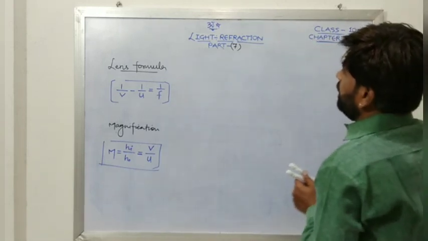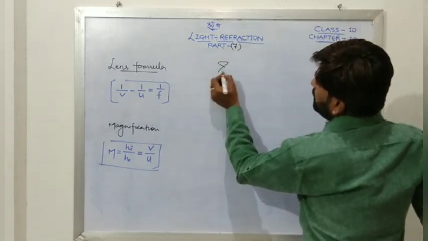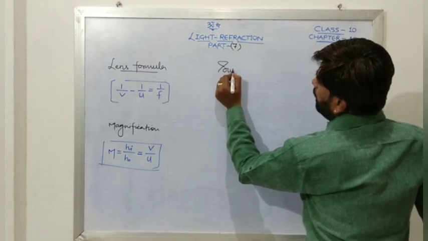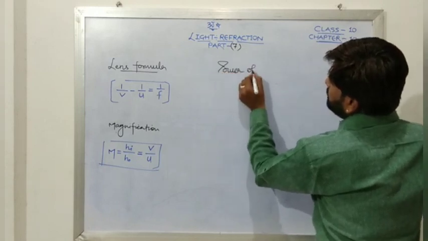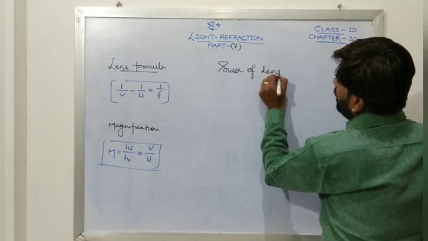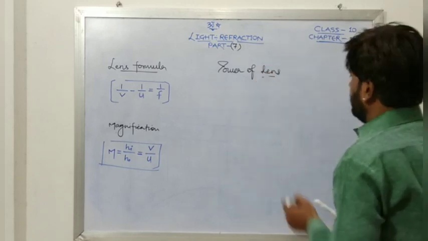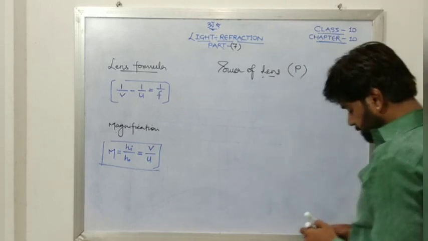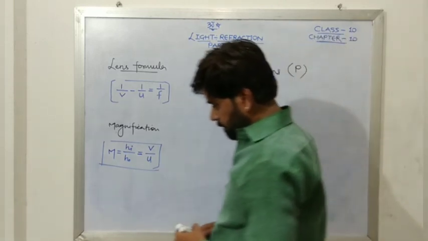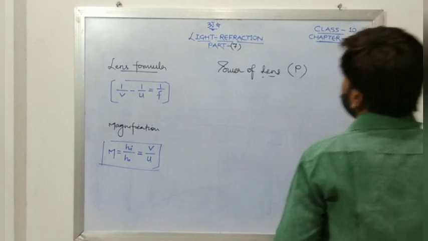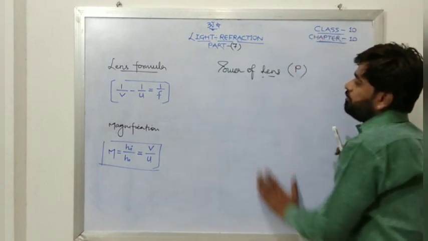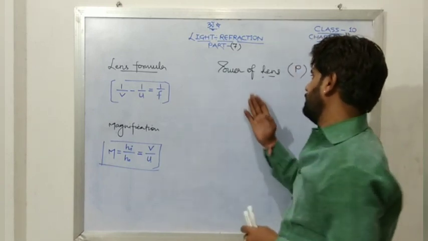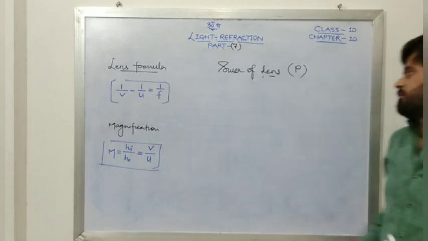One more thing, which is the last part of this particular chapter, that is the power of a lens. It is denoted by P. What is the power of a lens? It is nothing but the degree of convergence or divergence which is achieved by a lens.